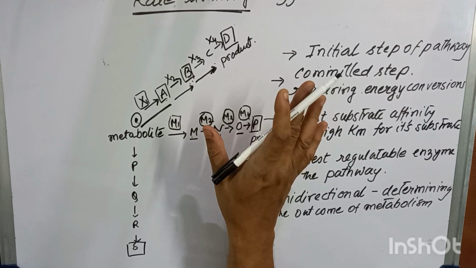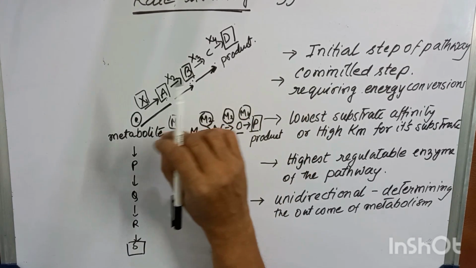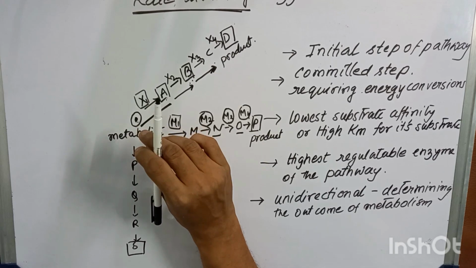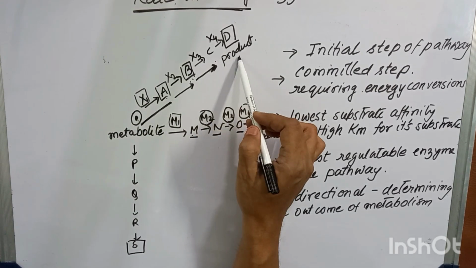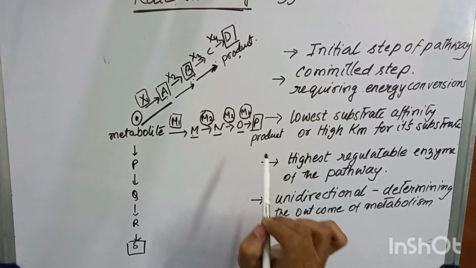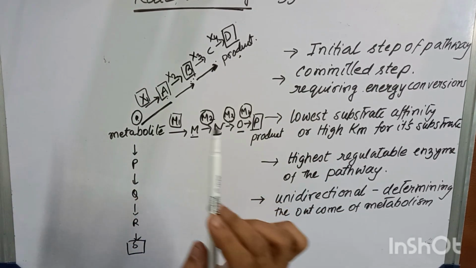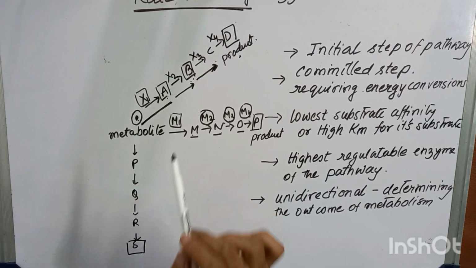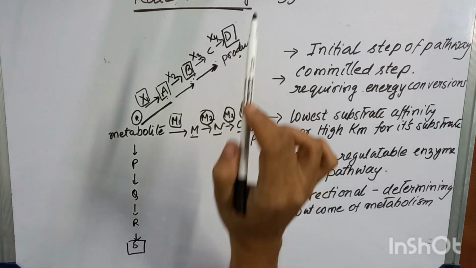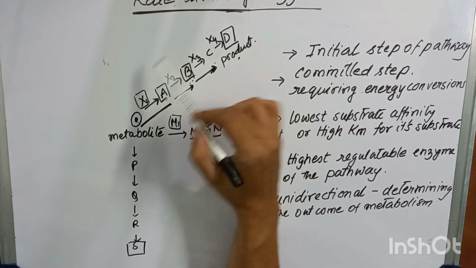So when we want a particular product, we turn on a pathway. Say we turn on this pathway to get D. If we want to get P, we turn on this pathway, and when we turn on this pathway, we actually depend on the rate limiting enzyme of this pathway.